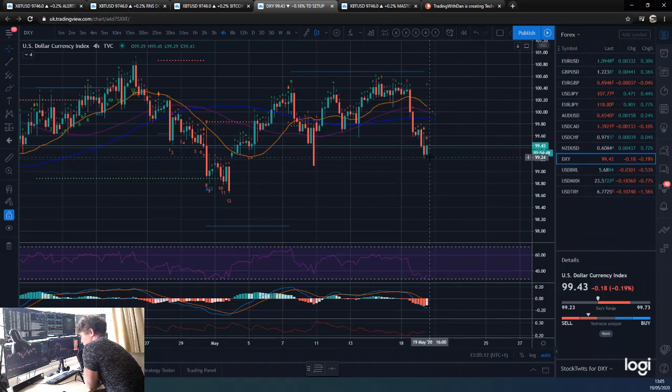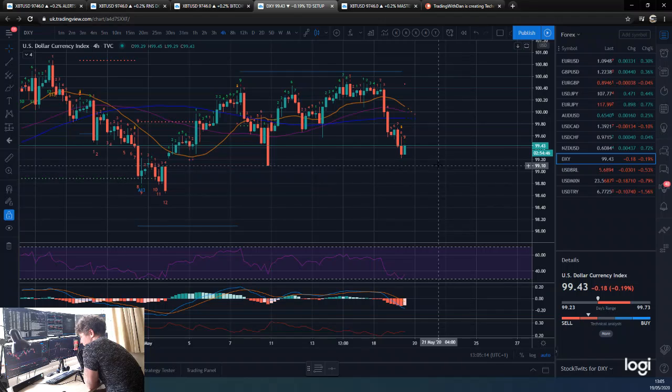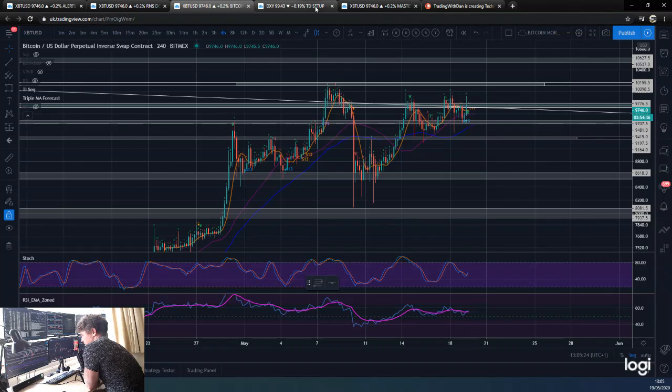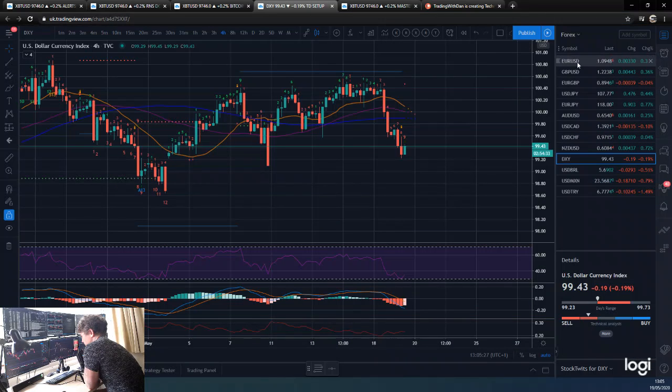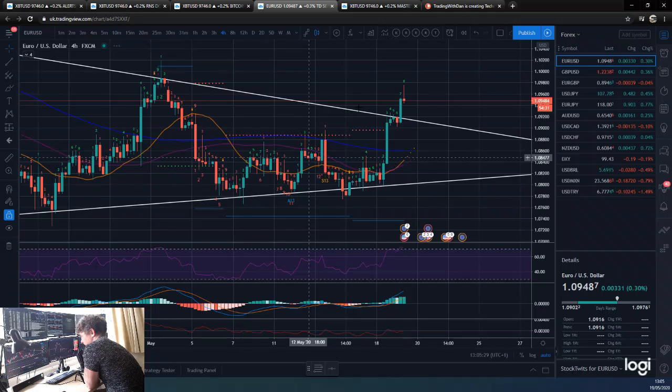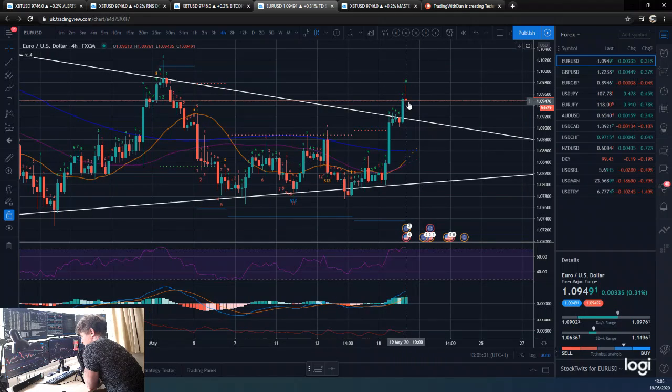As you can see, we've got this move down, but we're on a 9 now on the 4 hour, so we could potentially see a move back up in the dollar index, which would actually be a move back down in the euro US dollar.